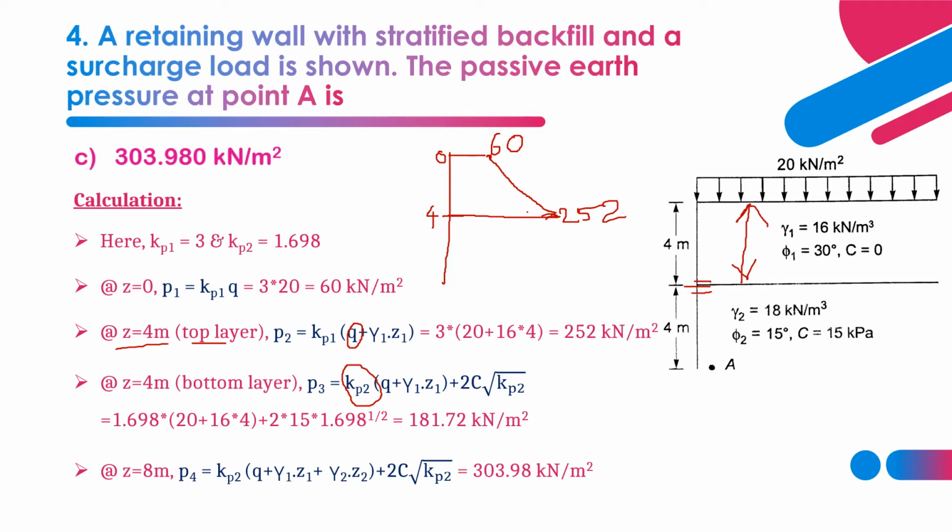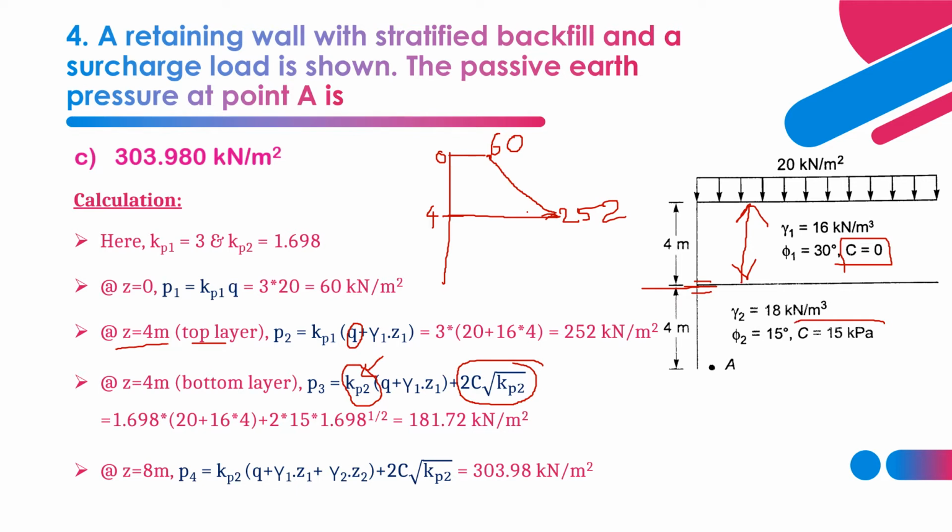Just below the 4 meter depth, what is the stress due to the second soil? That's why we are considering the Kp2 value here: Kp2 into Q plus gamma1 Z1 plus 2C root Kp2. In the first layer the cohesion is 0, so there is no need to insert the 2C root Kp term.